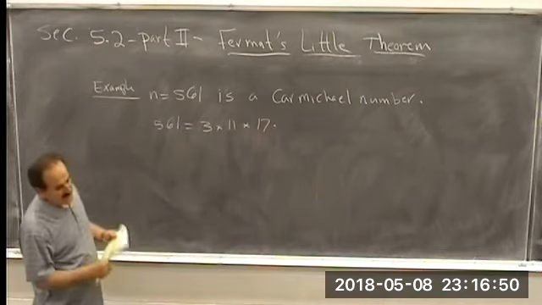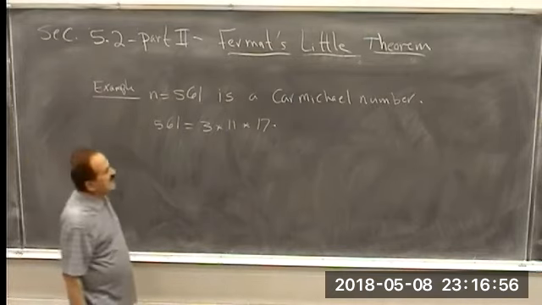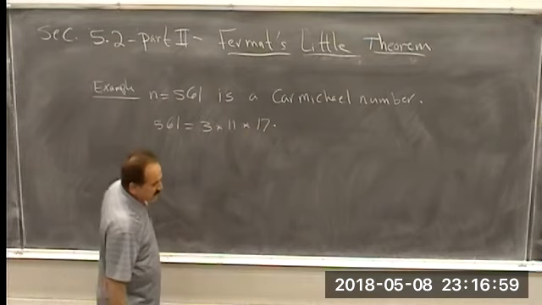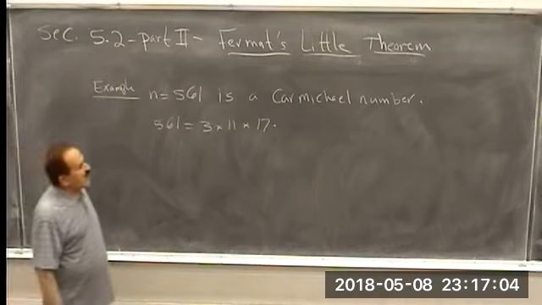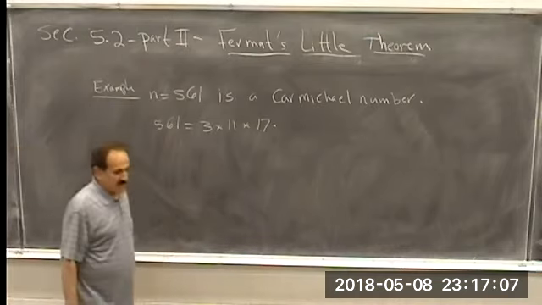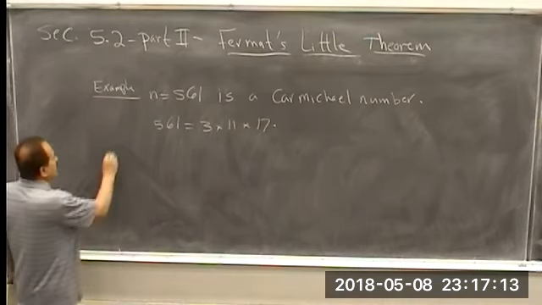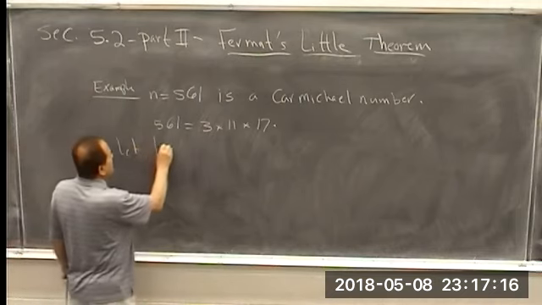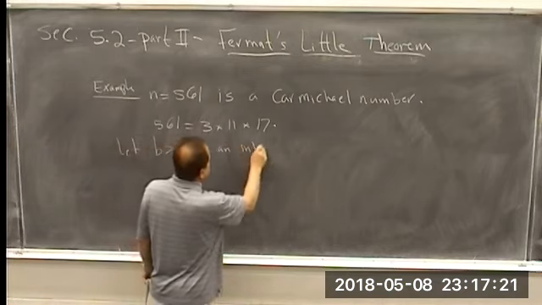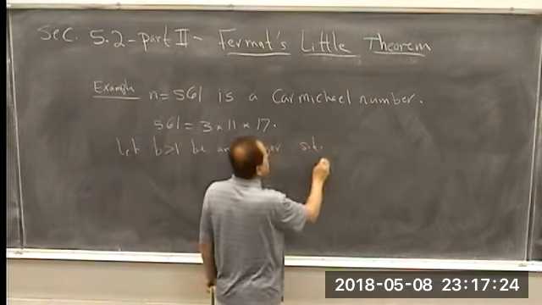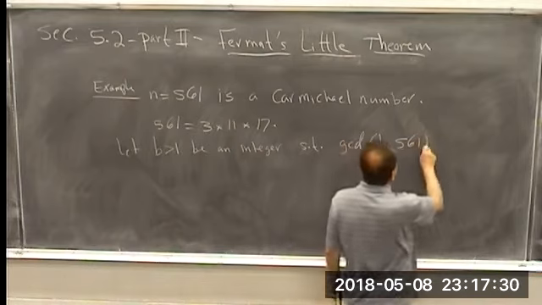In fact, it's a theorem which says that any Carmichael number is the product of at least 3 distinct primes. In fact, we're going to show that a Carmichael number cannot have a repeated prime in its factorization, it is square free. All right? So we're going to let b bigger than 1 be an integer such that the greatest common divisor of b and 561 is equal to 1.